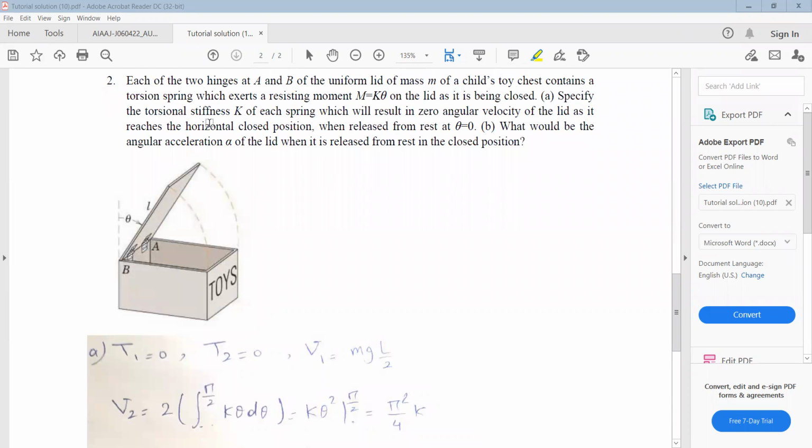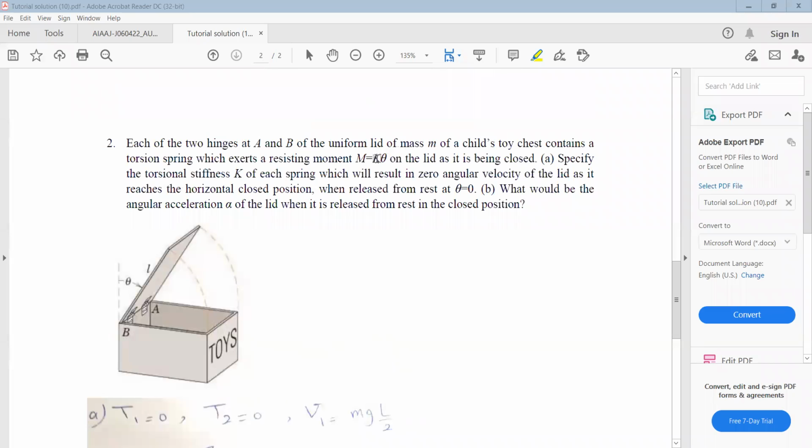Part A: specify the torsional stiffness k of each spring which will result in zero angular velocity of the lid as it reaches the horizontal closed position when released from rest at theta equal to 0. And part B: what would be the angular acceleration alpha of the lid when it is released from rest in the closed position? So we want to calculate the required k in this equation.